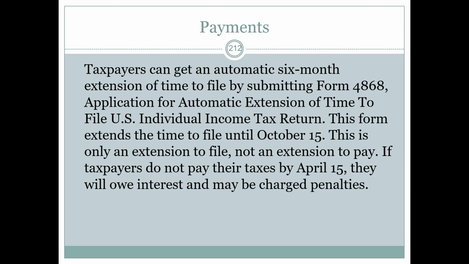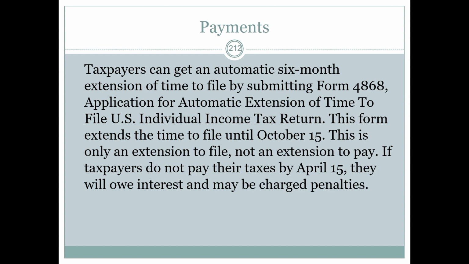However, the form must be filed in order for the extension to be effective. Now, this is only an extension to file, not an extension to pay. And we advise taxpayers to go ahead and file an extension by April 15th.